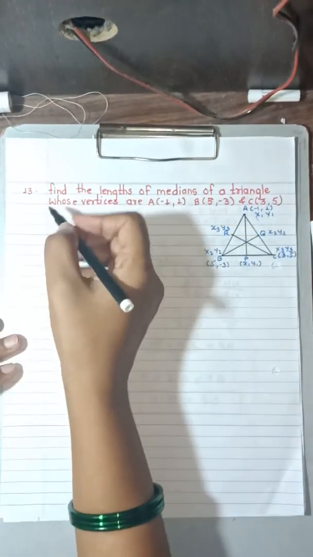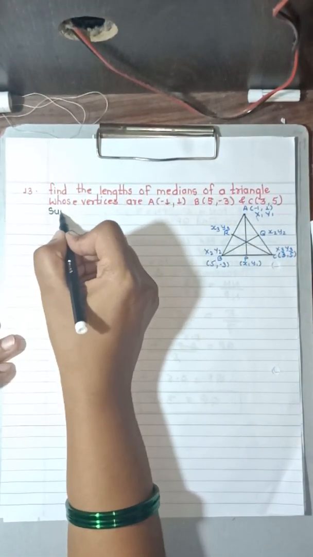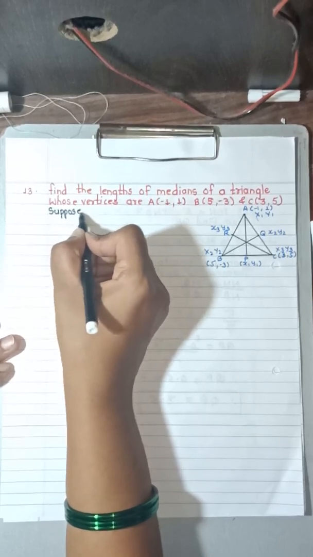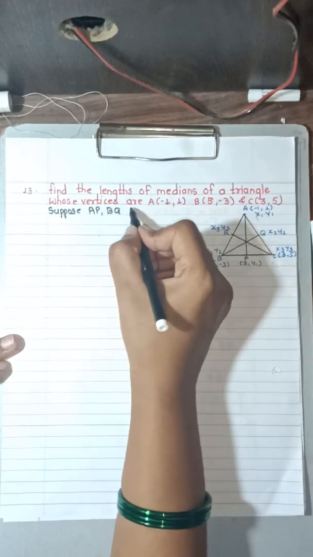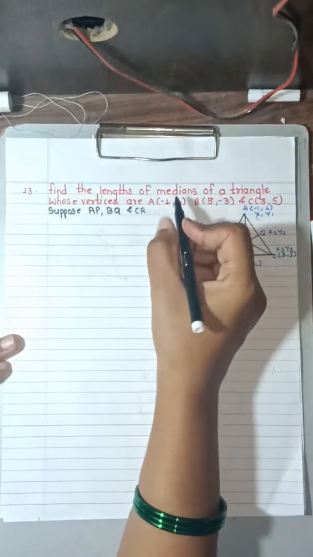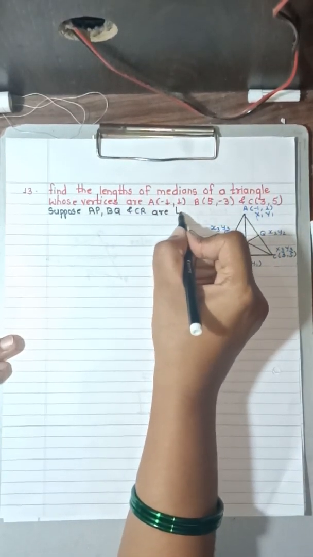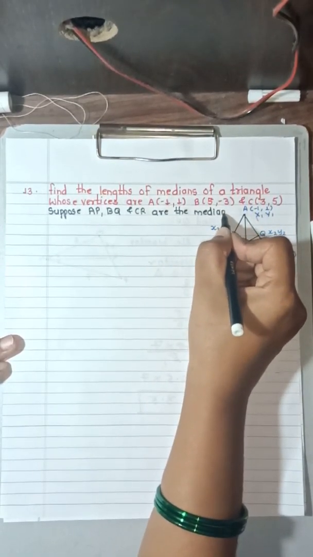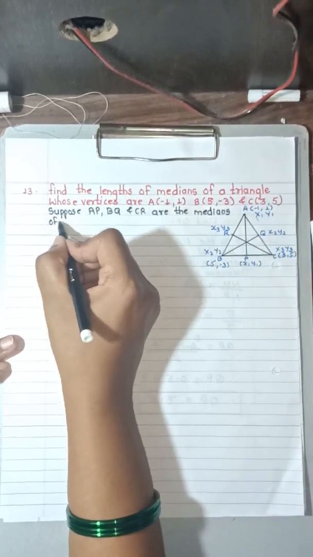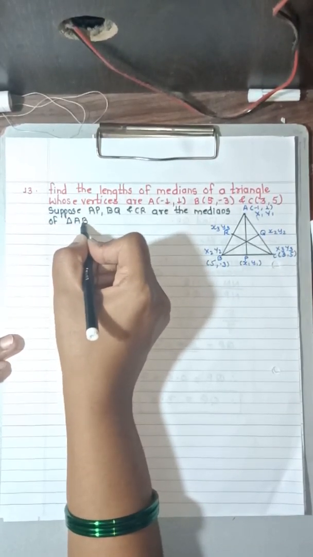Now I'll write down here, suppose AP, BQ and CR are the medians of triangle ABC.